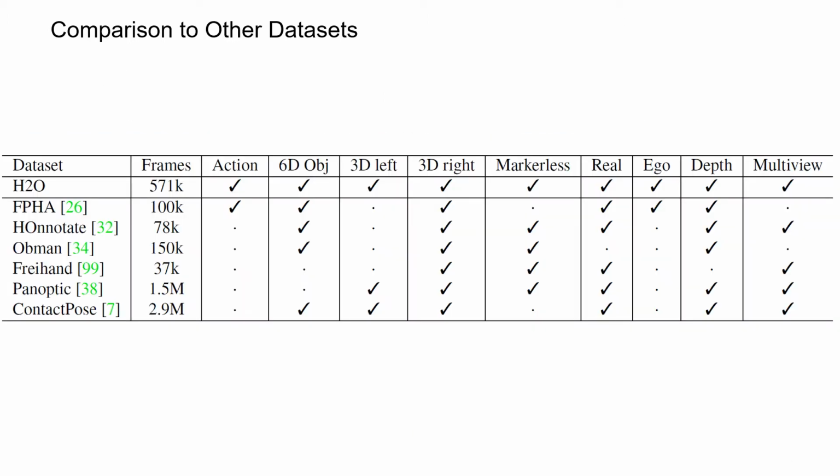Our dataset, H2O, has a large size compared to other image-based datasets with 3D annotations for hand interactions. H2O provides a total of 571K frames captured from 5 different views. It's the first dataset which is fully annotated for both hand meshes and object meshes without markers in the region of interest for hand interactions in an egocentric view.